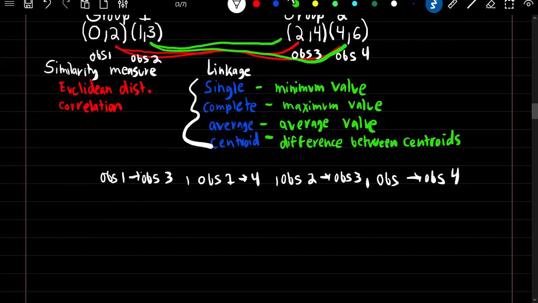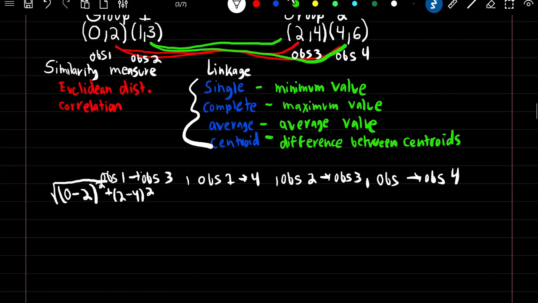From observation 1 to observation 3, we're going to go from 0, 2, or x1 value of 0, x2 value of 2, to an x1 value of 2, x2 value of 4. So for Euclidean distance, this is just going to be 0 minus 2 squared plus 2 minus 4 squared, and then we're going to take the square root of this.